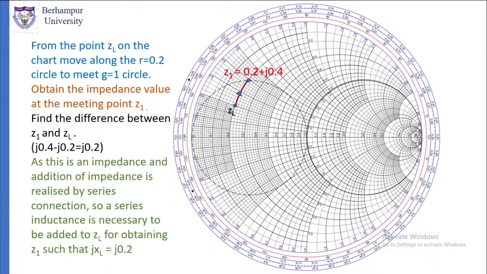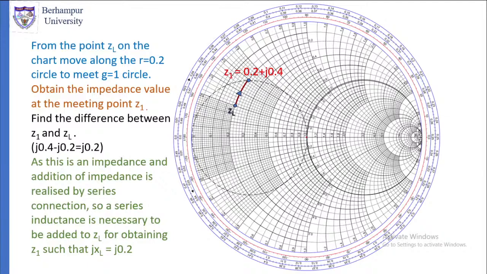The difference between them: the 0.2 cancels out, and J0.4 minus J0.2 will be J0.2. So find the difference between Z1 and ZL. Now this difference is positive.